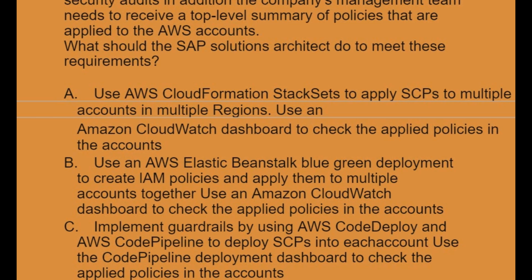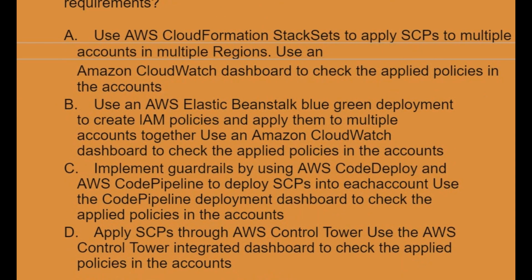Use an Amazon CloudWatch dashboard to check the applied policies in the accounts. Option C. Implement guardrails by using AWS CodeDeploy and AWS CodePipeline to deploy SCPs into each account. Use the CodePipeline deployment dashboard to check the applied policies in the accounts.